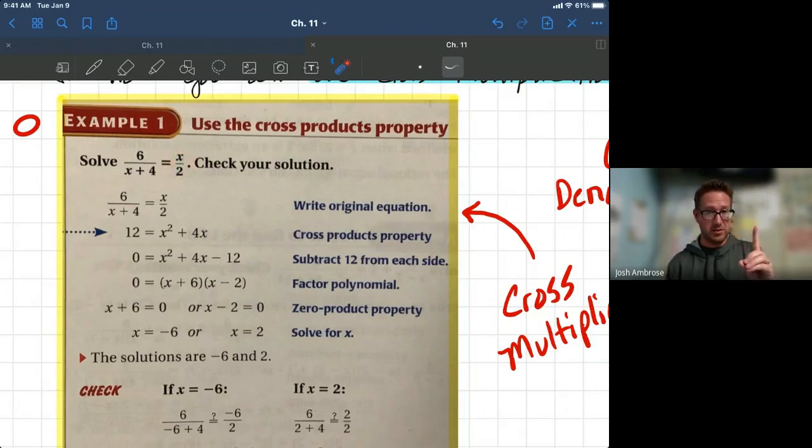If that is how it's set up, so that meets these parameters, then you will use cross multiplication.